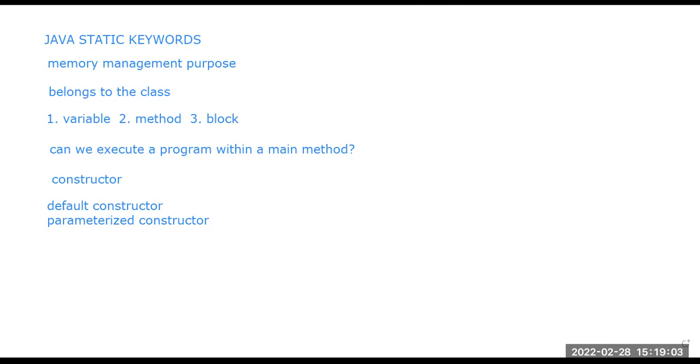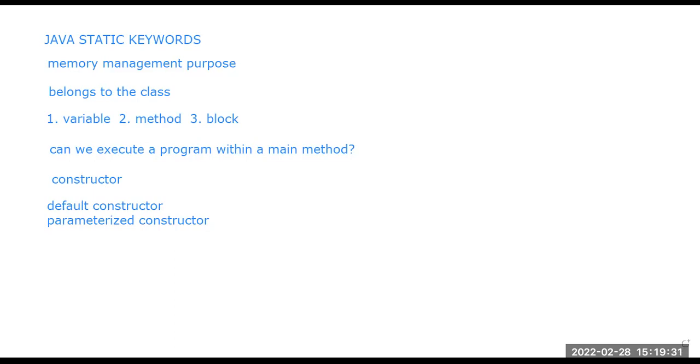So a default constructor will be provided if a constructor is not called in the program. At the time of compilation, the Java compiler will provide the default constructor by itself, right? Default means we didn't mention anything. The compiler will create a default constructor in the scenario.